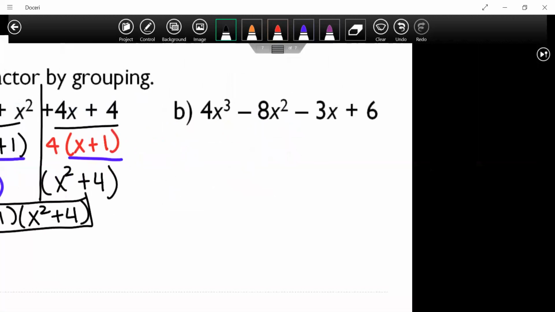Showing you one more time, I'm going to split them again, split them down in half. What's the greatest common factor between 4x to the third and negative x squared? It'd be 4x squared. We're going to be left with just x minus 2. Between the terms to the right will be our negative 3.